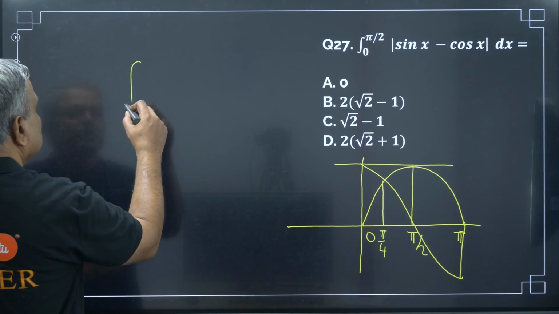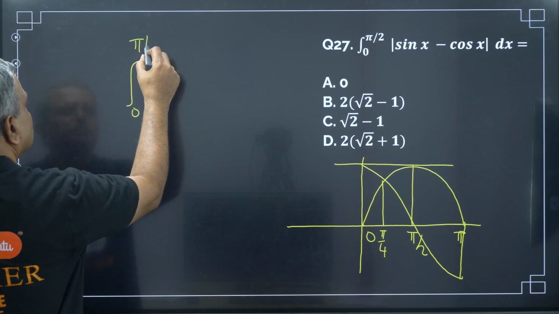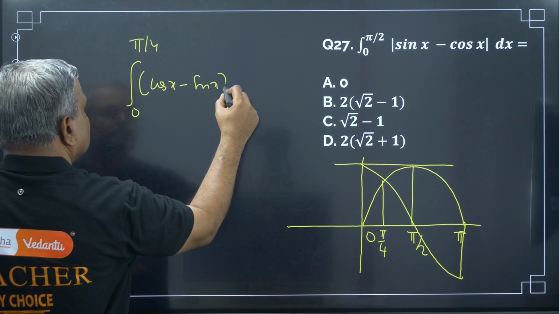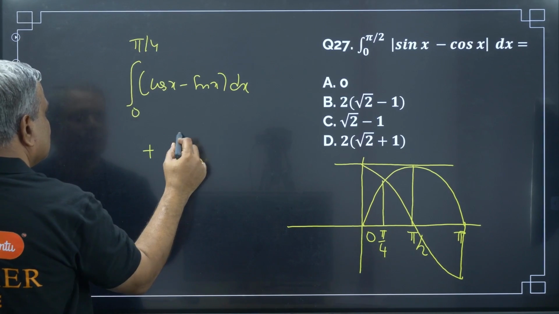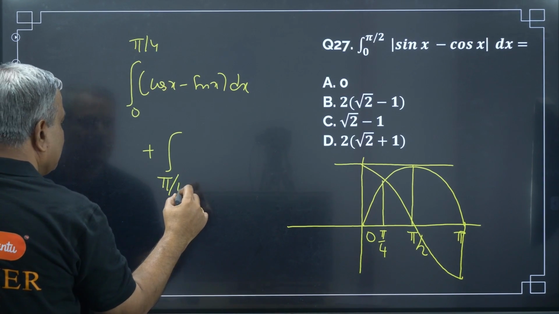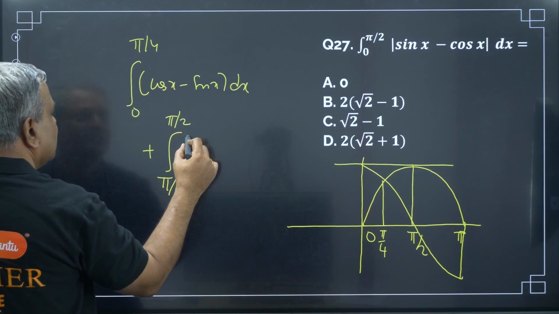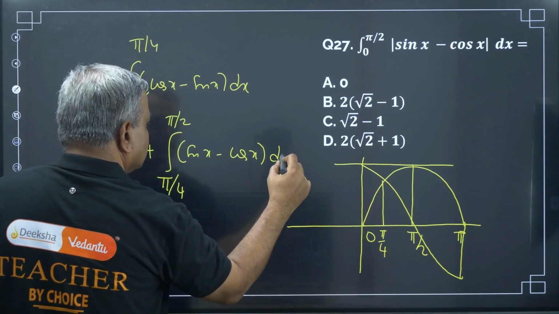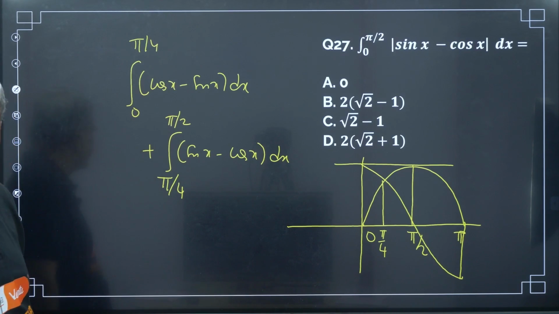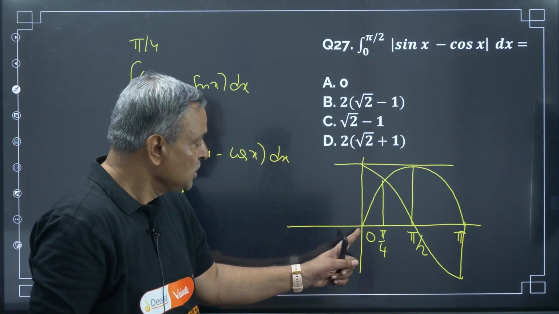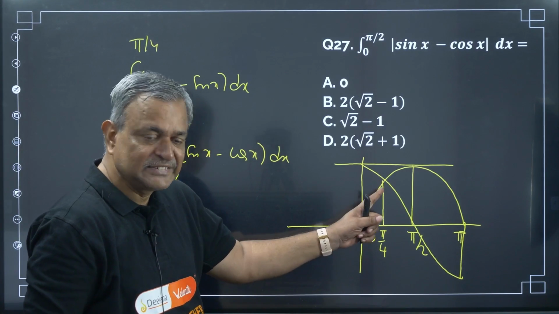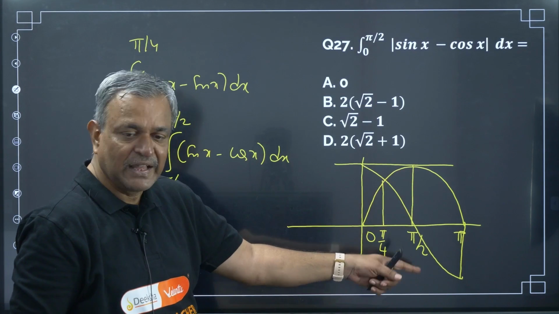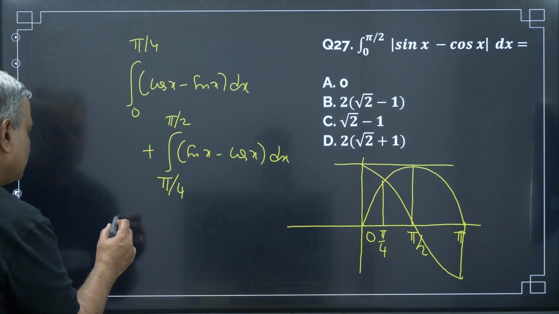So we write 0 to pi by 4 cos x minus sin x, plus pi by 4 to pi by 2, we write sin x minus cos x dx. Clear? Further you can integrate it. So that is the most important part. 0 to pi by 4, cos is more than sine, and from pi by 4 to pi by 2, sine is more than cos. Rest is very simple.